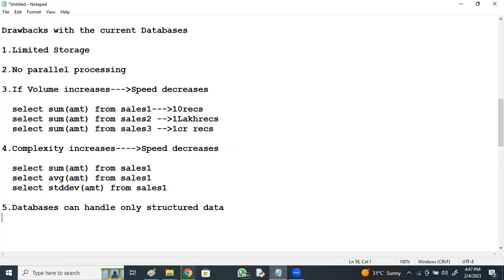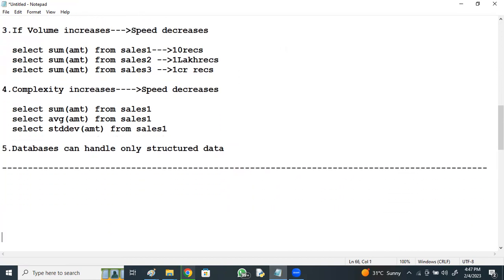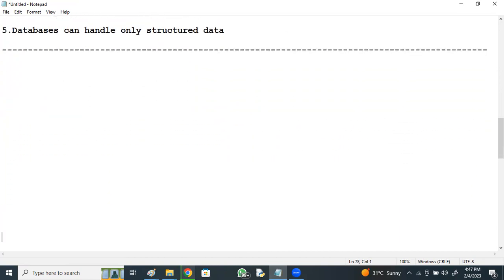So next is advantages of Hadoop. Before I go with the advantages of Hadoop, let me give an overview of Hadoop architecture. Later I'll discuss in brief Hadoop storage architecture and processing architecture. Hadoop follows master slave architecture.